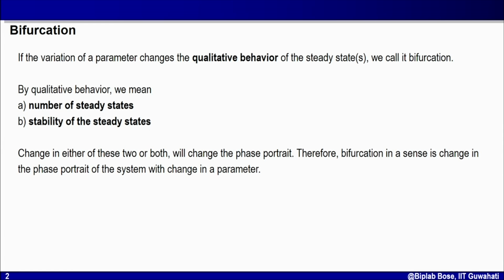By qualitative behavior we mean the number of possible steady states in the system and the stability of those steady states. So if I change the parameter value, the number of possible steady states may change, or the stability of the steady states may change, or both. In all these three cases, we say the parameter is causing bifurcation in the system.